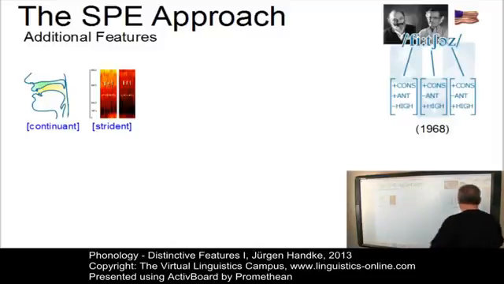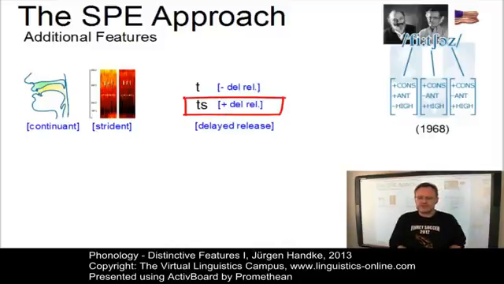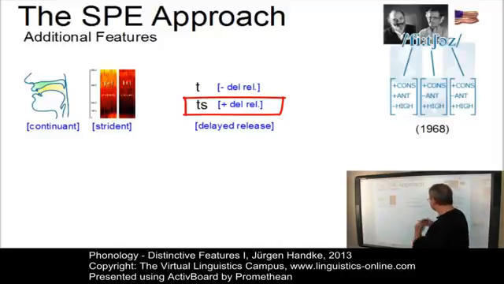And then Chomsky and Halle added the feature delayed release, which was introduced to distinguish plain plosives from affricate consonants. The latter ones, the affricates, involve a delayed release of the oral closure due to the friction component preceding the plosives. Thus, affricates were defined as plus delayed release.